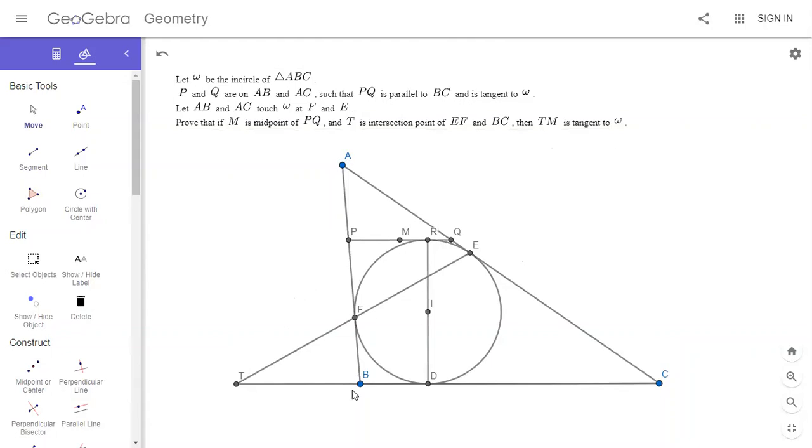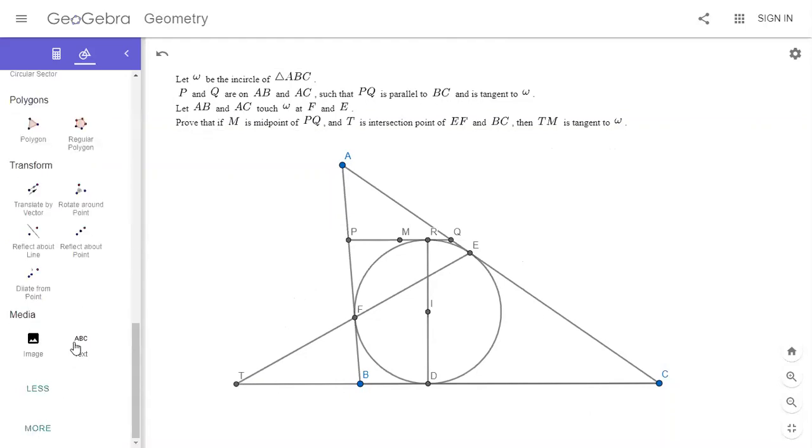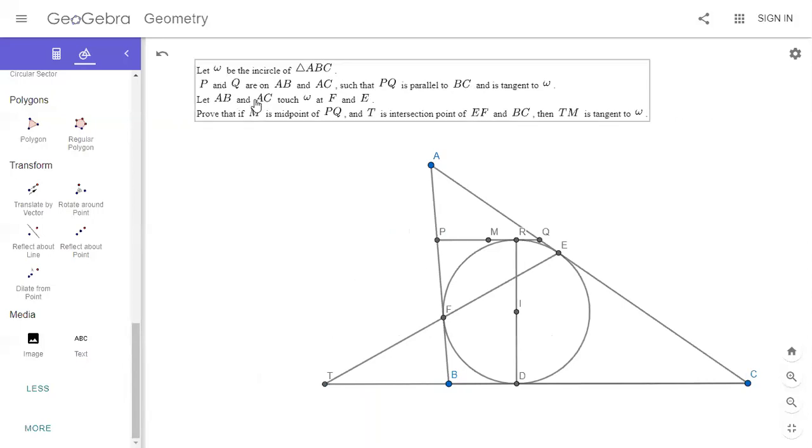One thing I noticed is we know that B, C, T, and D are in harmonic conjugation. I've mentioned this a bunch of times on my channel, but BE, CF, and AD are concurrent by Ceva. So I'll write this out.